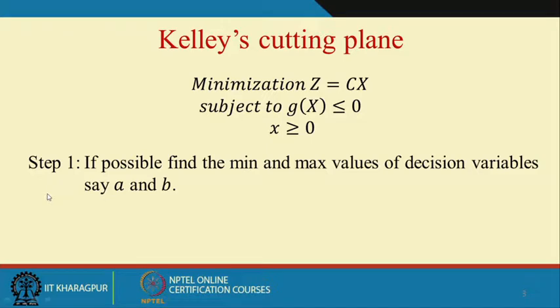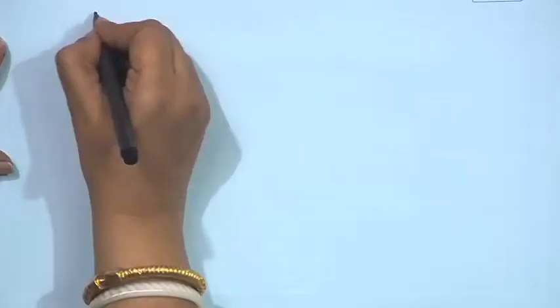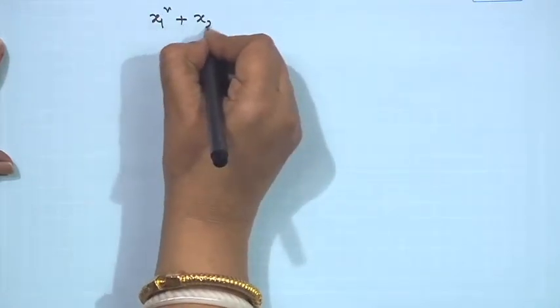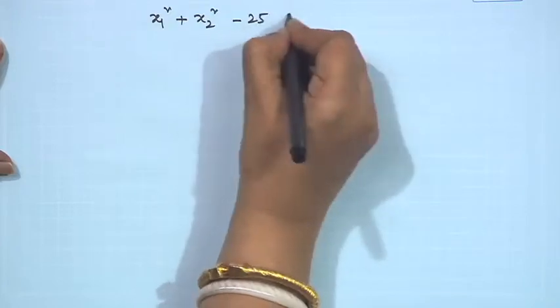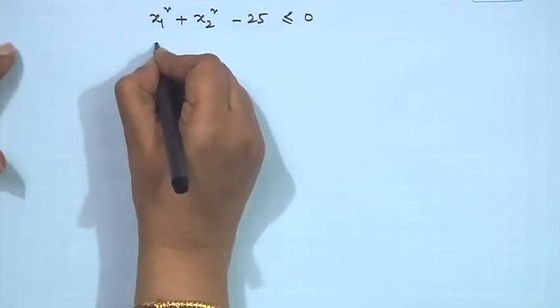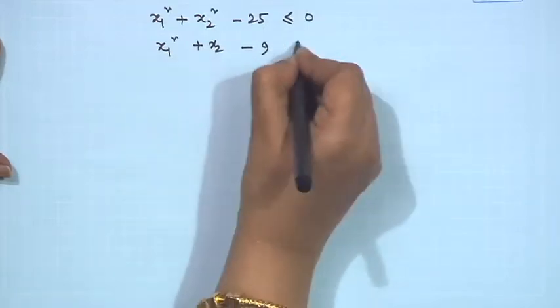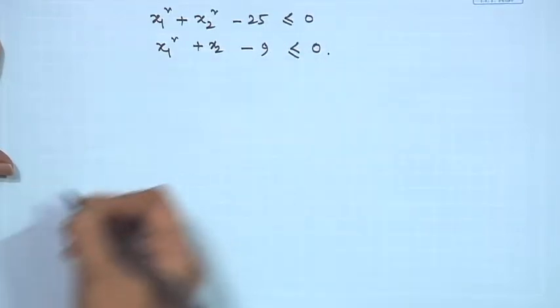Now, the first step is that if possible, find the minimum and maximum value of the decision variables, alright. For example, we have a problem where the constraints are x1 square plus x2 square minus 25 less than or equal to 0, x1 square plus x2 minus 9 less than or equal to 0.